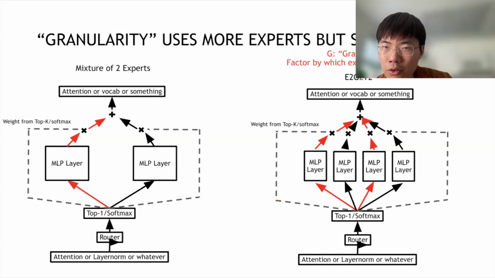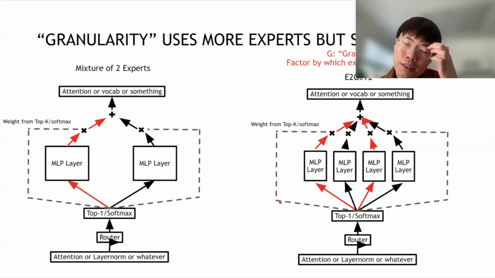G2, G stands for granularity. It's the expert size, how many times it decreases. So here the expert size decreases by 2. You segment each MLP layer in the intermediate dimension by 2.